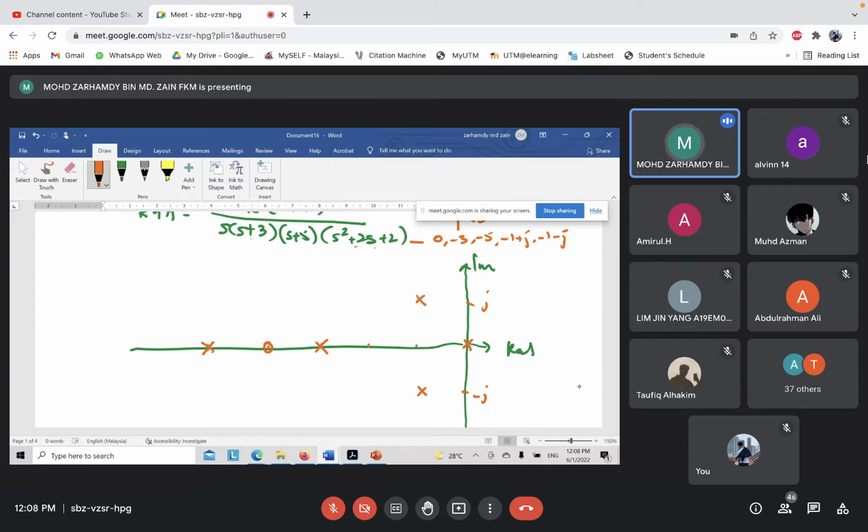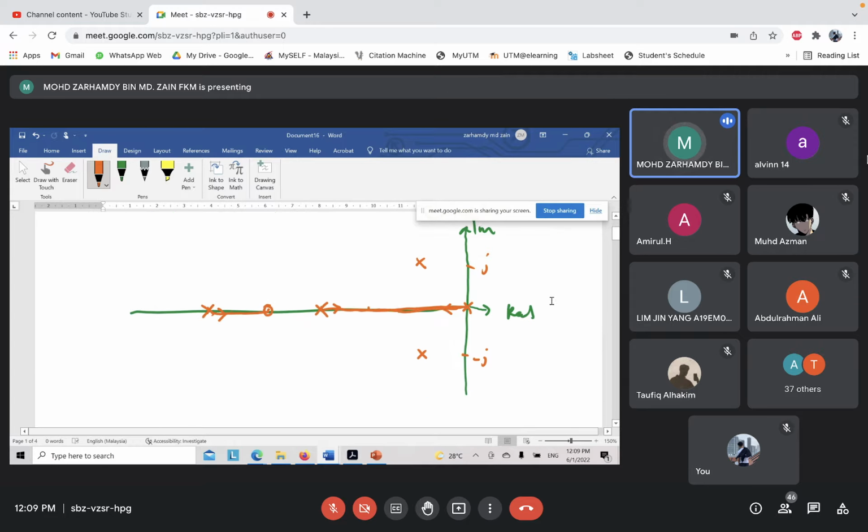So 1 left. We put arrows because of the poles. Now we have finished stage 2, or rule 2.